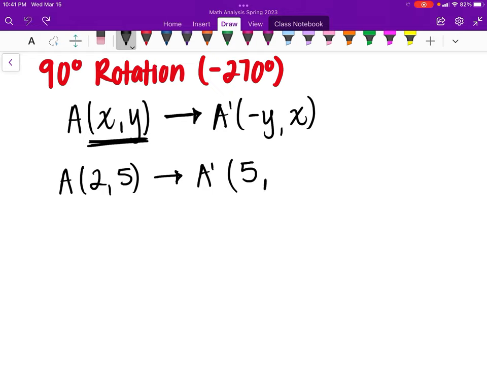It's going to be 5, and negative, because the 5 originally was positive and we have to change signs. The new y is going to be the old x, so that would be our point. From A to A prime, with that 90-degree rotation, you switch positions of x and y, and then y becomes negative.